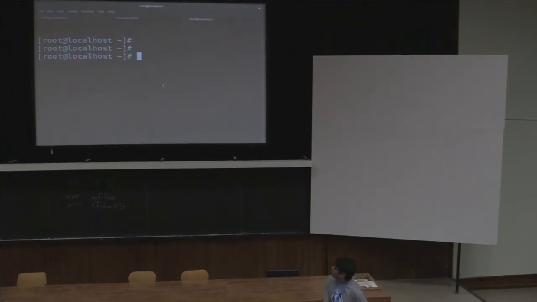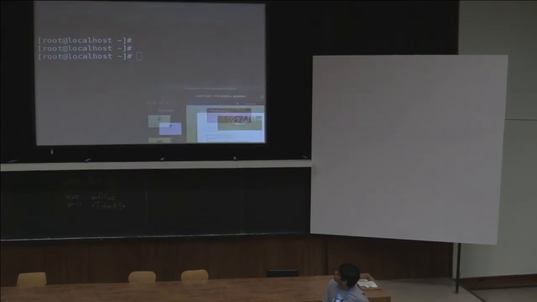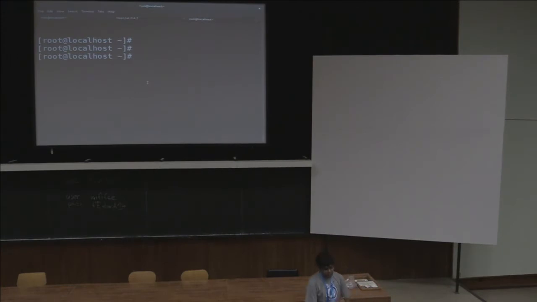Okay. So first off, we will install Docker. How many of you already have the installation? How many already have done the installation? Okay, you already have it. Those who don't have it, one thing I would want you to know is that Docker doesn't work on 32-bit.